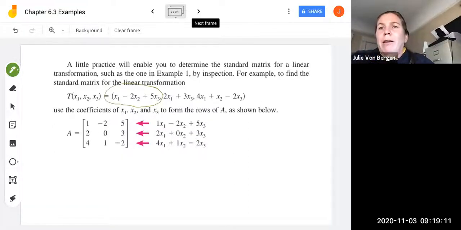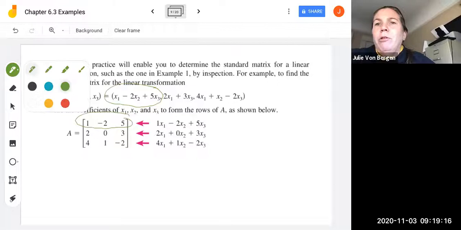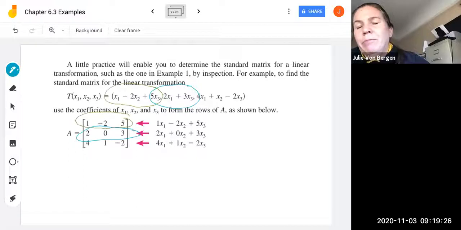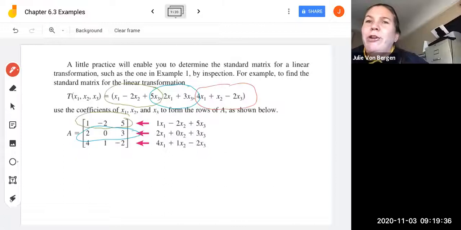We can just map the coefficients of x1, x2, and x3 to the first row of A. Similarly, if the second entry is 2x1 plus 3x3, we can map that to be a 2, 0, 3, because there's no x2 in this entry, in the second row of our matrix A. And then for our third row, we look at the coefficients in the third entry: 4x1 plus x2 minus 2x3. So we're able to put a 4, 1, and negative 2 in the third row of matrix A.